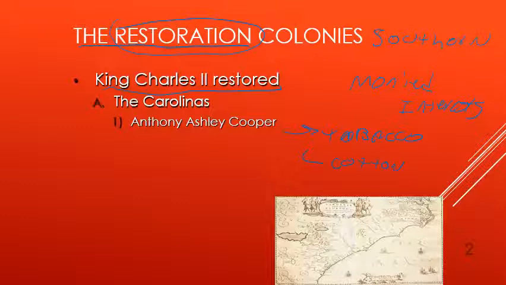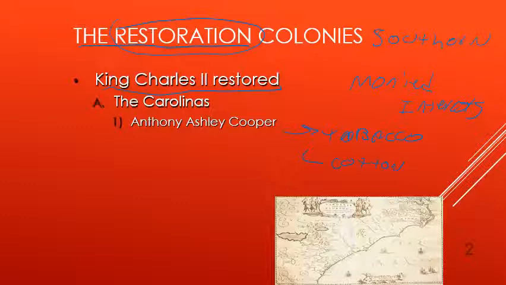They weren't really intended at first to be separate colonies, but the way they were set up created a division in terms of the people that lived there. North Carolina tended to be more poor people, backwoods poor people, lots of farmers, and there weren't a ton of slaves in North Carolina early on.